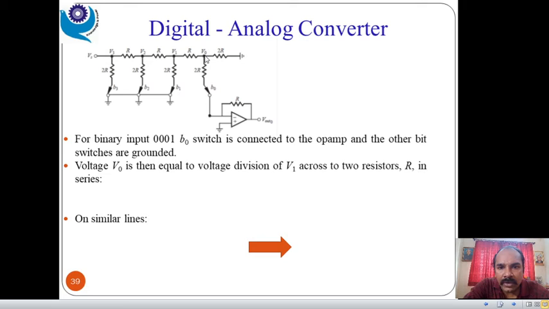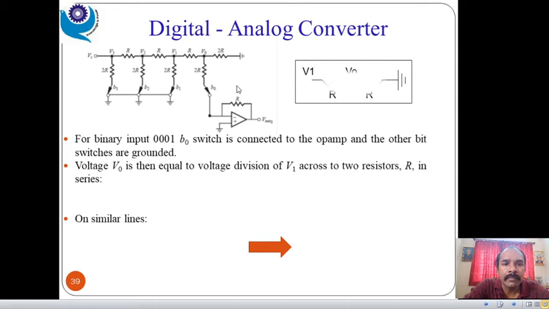So now we need to calculate the voltage drop across this point, that is V0. When these two resistors are in parallel, the net equivalent will be R. So R, and these two resistors are now in series. According to the voltage divider network, the potential divider rule, here is V1.